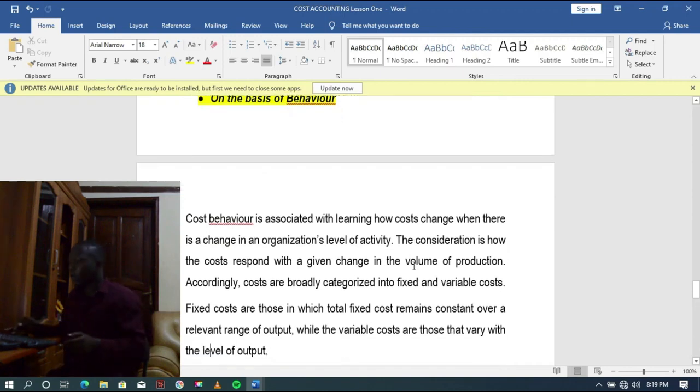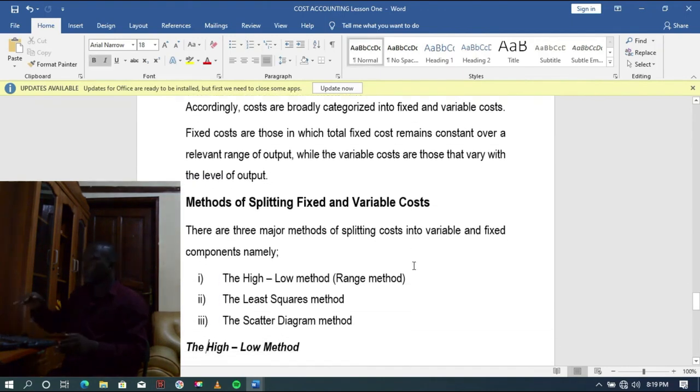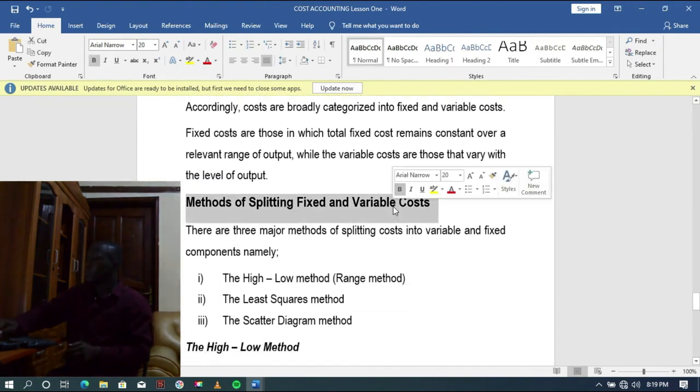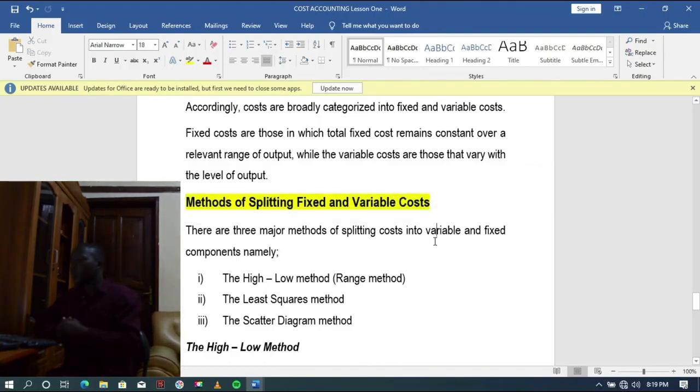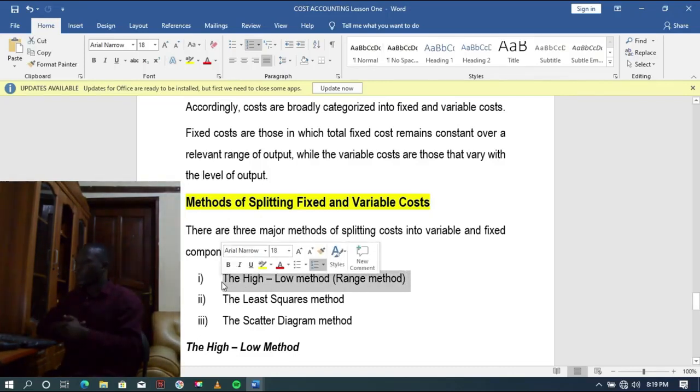So we have different methods that can be employed in splitting variable costs from fixed costs. How can we split variable costs from fixed costs? Variable costs can be separated from fixed costs using three methods. One, the high-low method, or range method. Then we can also use the least squares method.